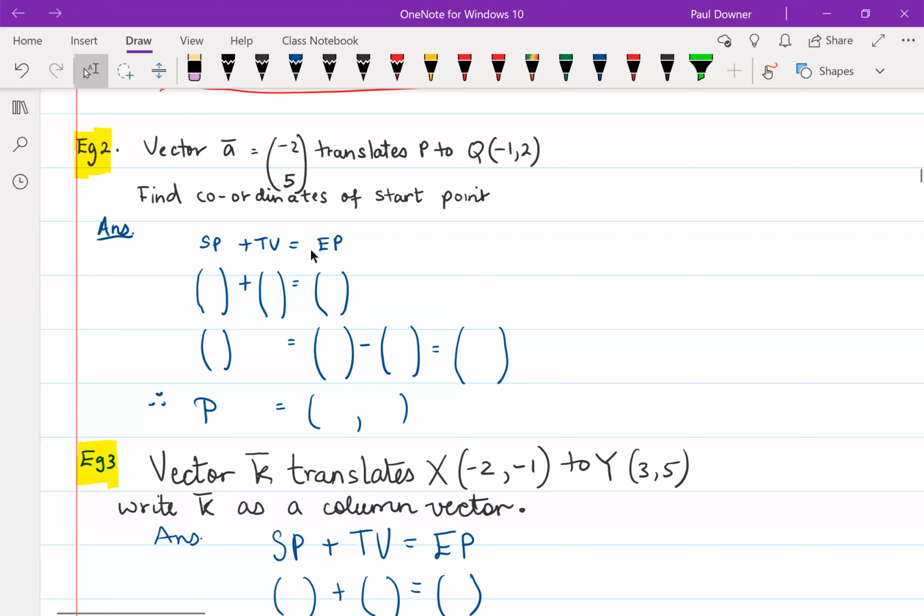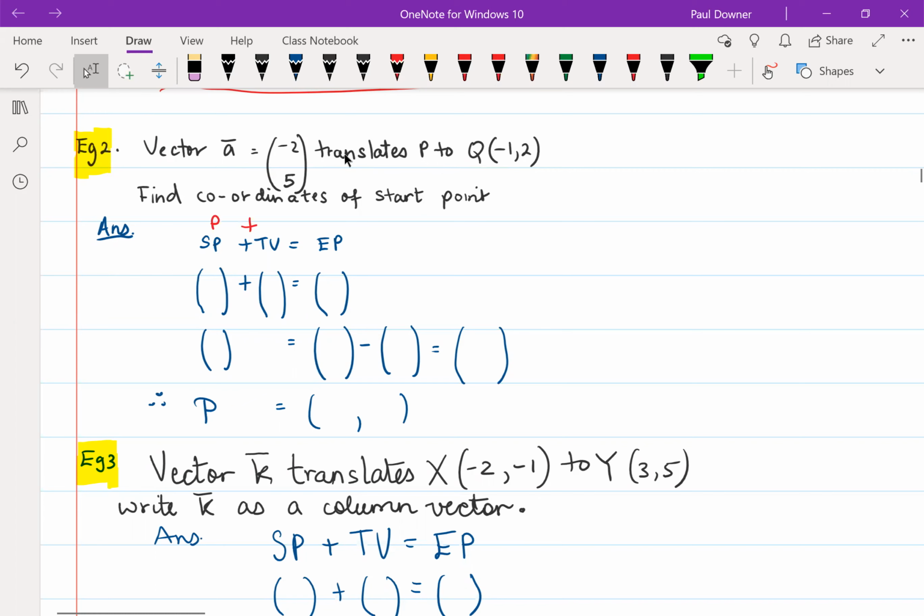But we could go a little further and reason it out. Let's start off by always remembering our translation equation, or vector equation for translation, which is start point plus translation vector is equal to end point. The start point in this case is P, because this vector is translating P to Q, the start point to the end point. So I'm going to put P up here.